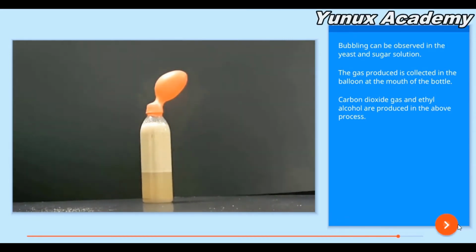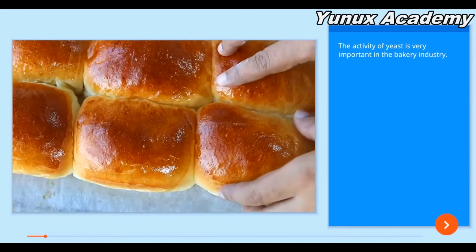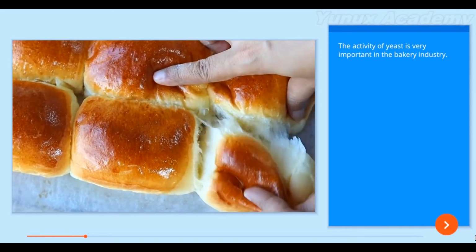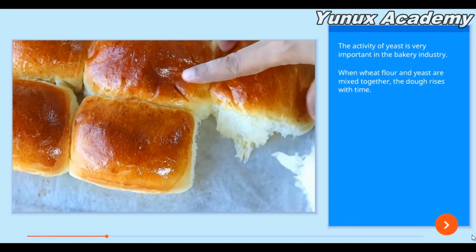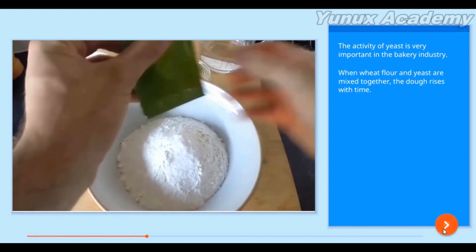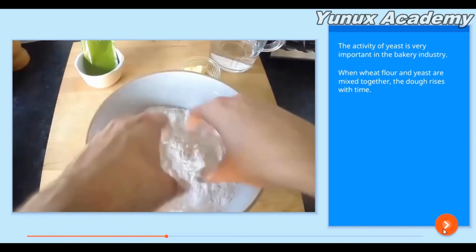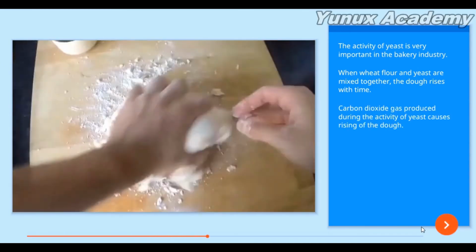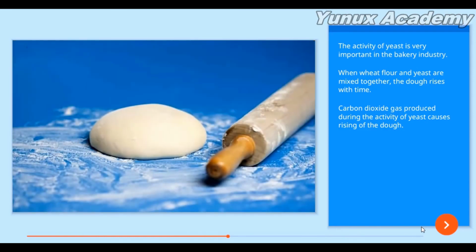The carbon dioxide gas plays a very important role in the bakery industry. The activity of yeast is very useful in the production of bakery products, or wheat flour-based food items. Here, the dough prepared by mixing wheat flour, yeast, and flavors rises with time, and the reason for this rise is the carbon dioxide gas produced during the activity of yeast.